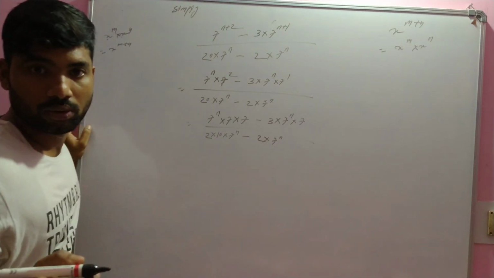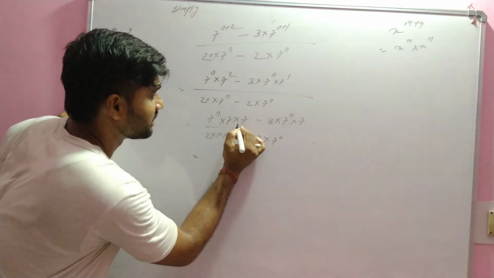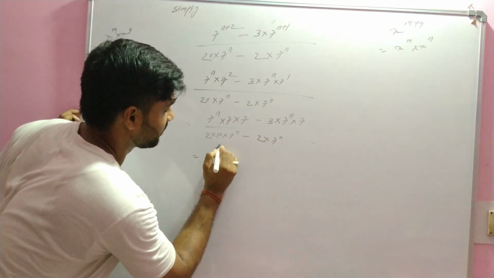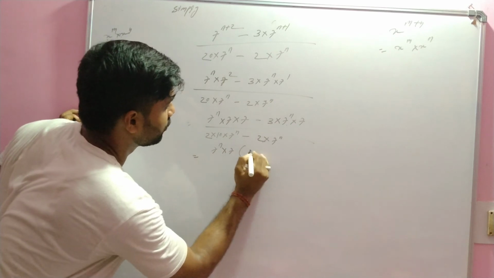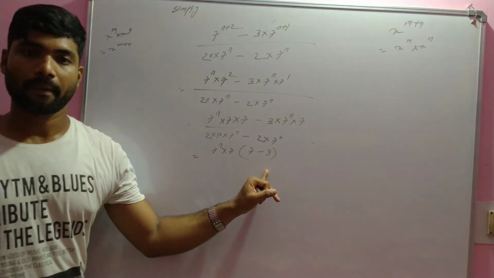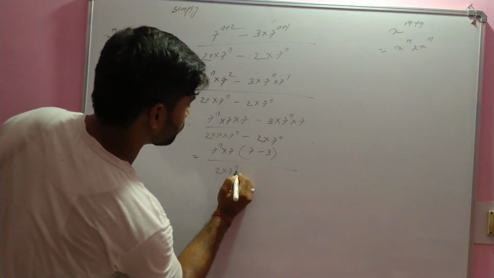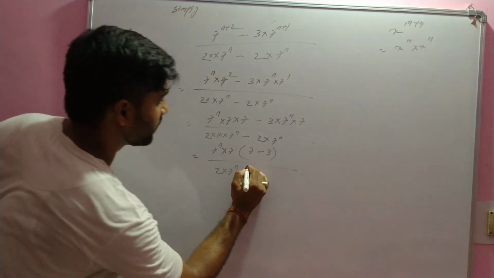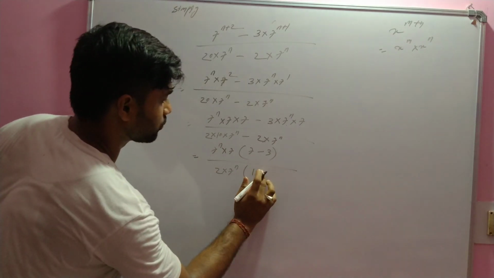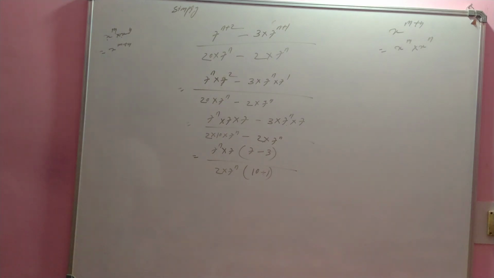Then take 7 to the power n, 7 to the power n. Here is 7, here is 1, 7 to the power n into 7. It will be how much? 7 minus 3 by 2 to the power 2 into 7 to the power n, I have taken as common. It will be 10 minus 1. Krishna understood?